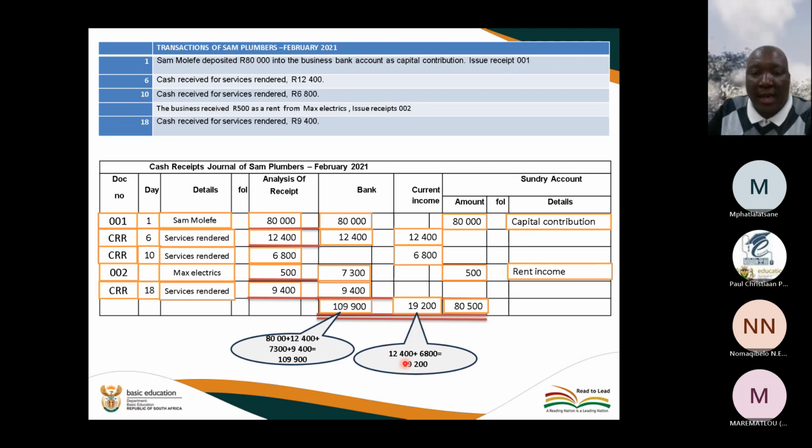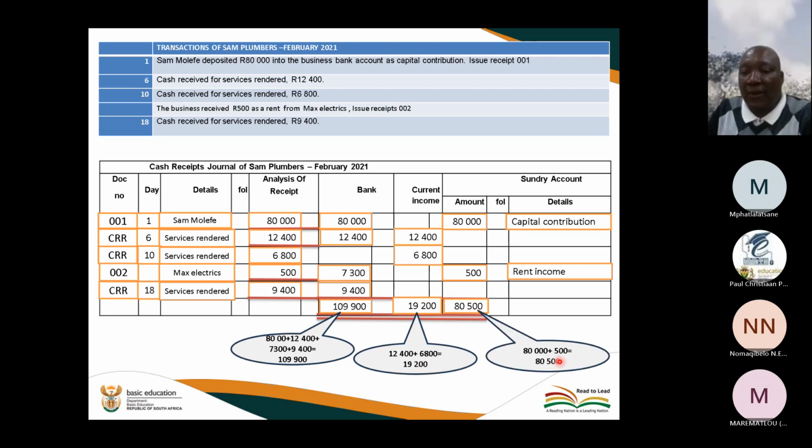And then 19,200, we added 12,400, 6,800, and then we get 19,200. And then 80,500, we added 80,000 plus 500, we end up with 80,500. So that is actually how we close the cash receipt journal.